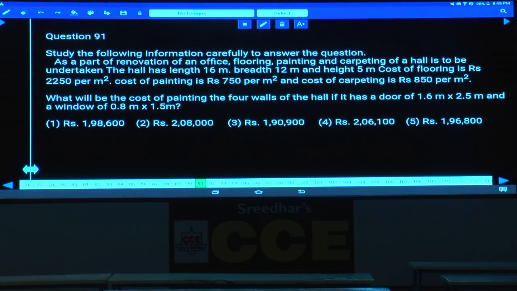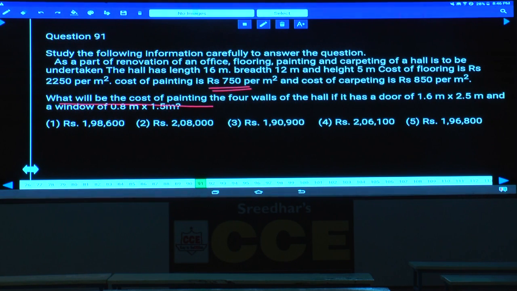What will be the cost of painting the 4 walls of the hall if it has a door of 1.6 meters and 2.5 meters, and a window 0.8 meters into 1.5? Cost of painting, total cost of painting. For painting, how much do they charge? 750 into area you have to write, yes or no?